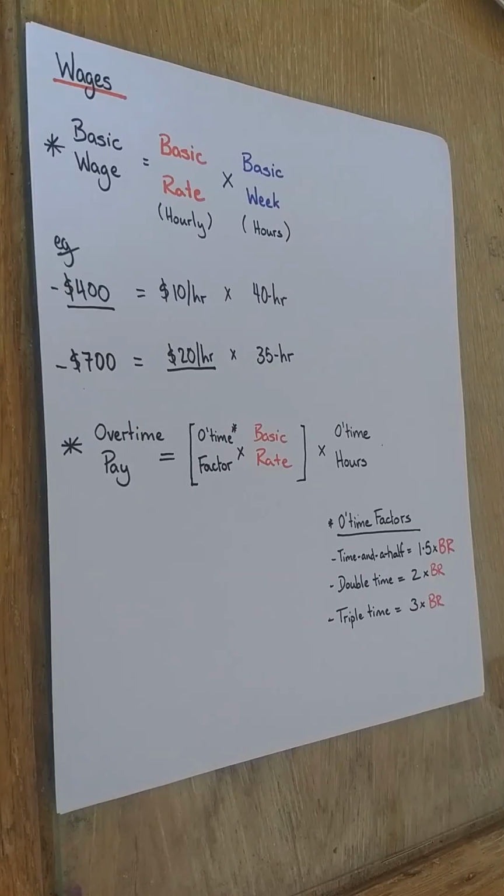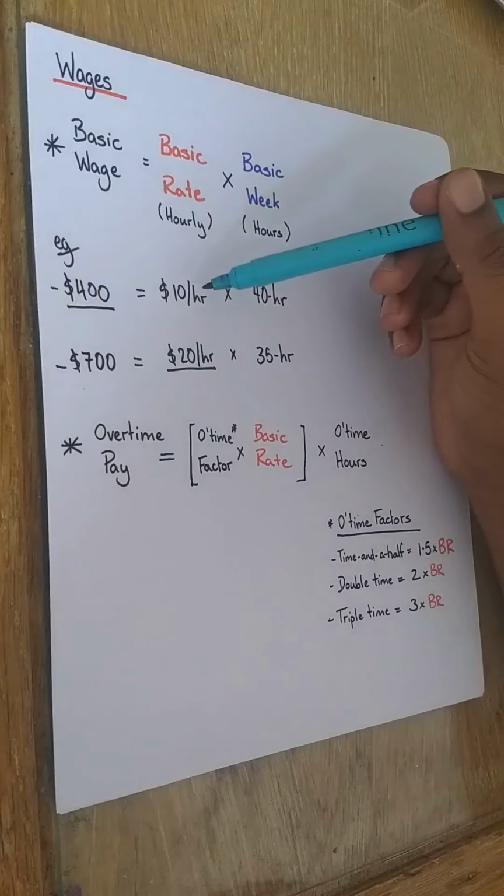In addition to the basic wage, you can also work hours beyond the basic week, and they are paid for usually under special conditions referred to as overtime. An overtime pay is where your basic rate is now affected by a multiplier for those hours that you work overtime.